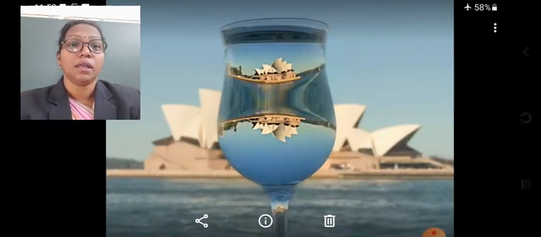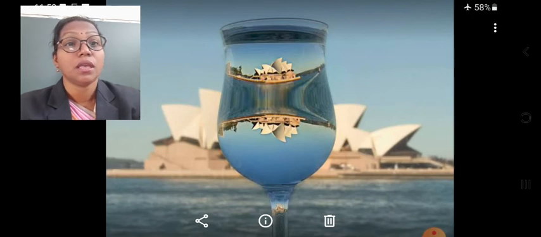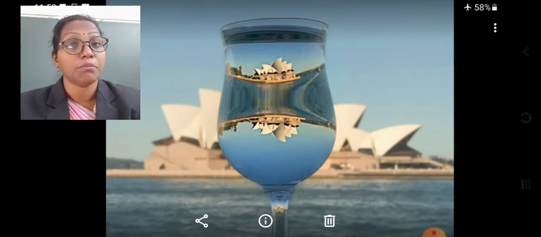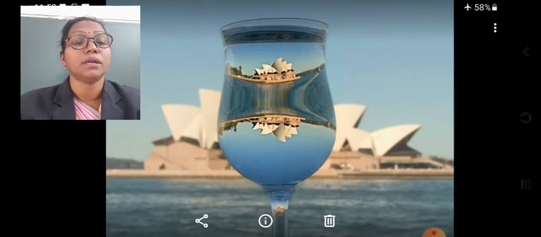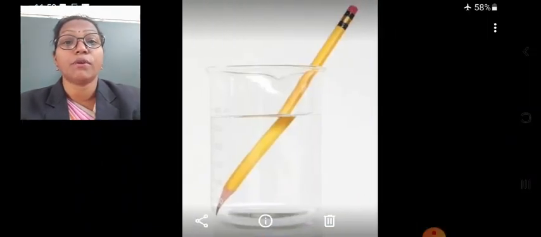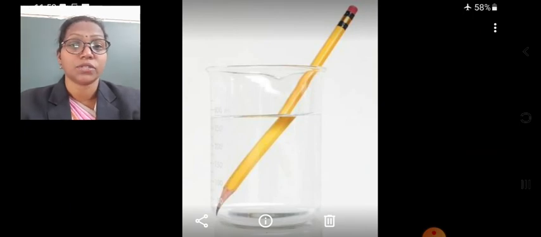Now children, a beautiful monument, its image is formed in the glass. You can see the shape of the glass is such that two images are formed on the glass containing water. You can see it, such beautiful images are formed due to refraction.